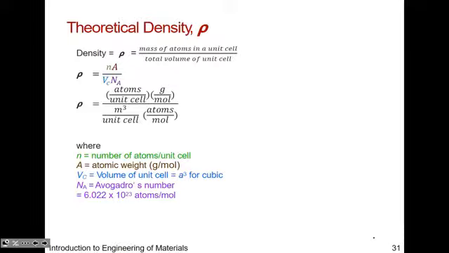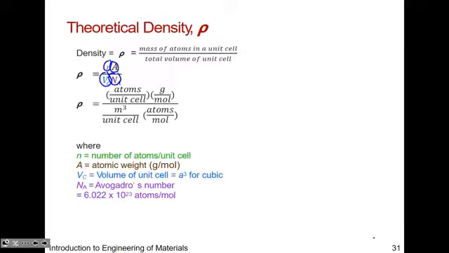So we can relate it as the number of atoms in the unit cell n times its atomic weight in grams per mole, and the total volume of your unit cell times Avogadro's number, because that's how many unit cells you have in your particular material.